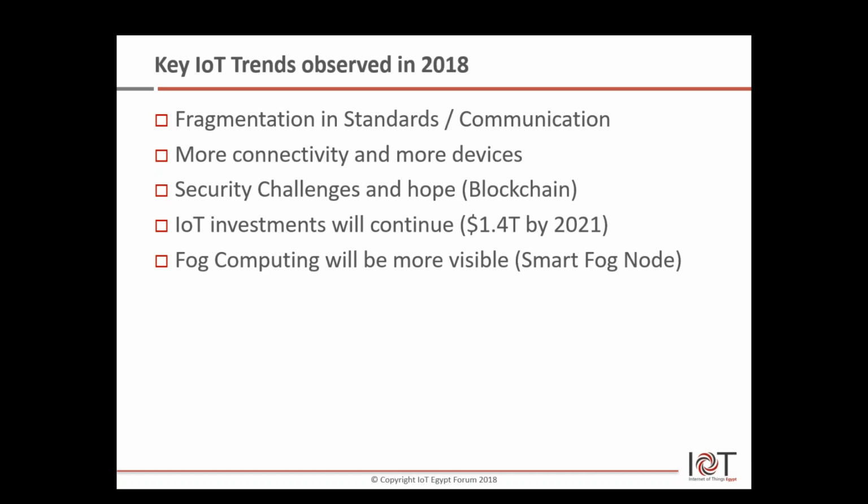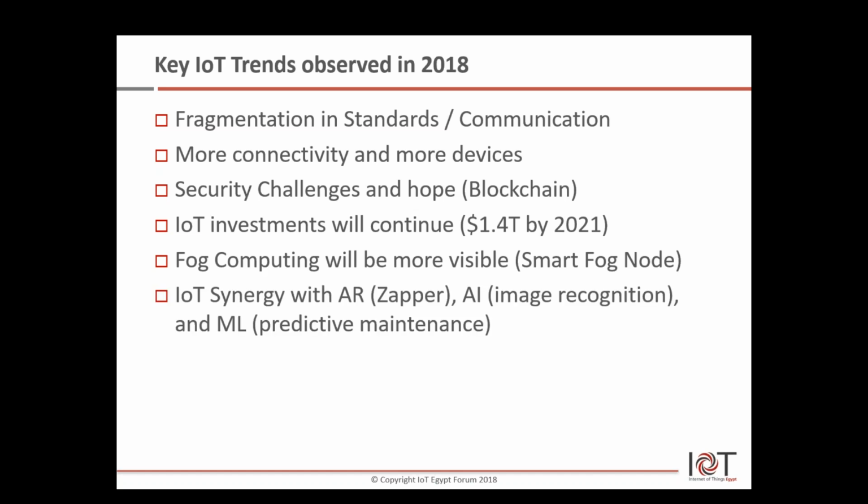Then there is an expected synergy between IoT technology and augmented reality, like the Zapper framework or Zapper augmented reality platform, which cooperates with everything to fold interactivity into an everyday application of smart devices. Also with artificial intelligence, AI, like image recognition, for example, and machine learning for predictive maintenance.